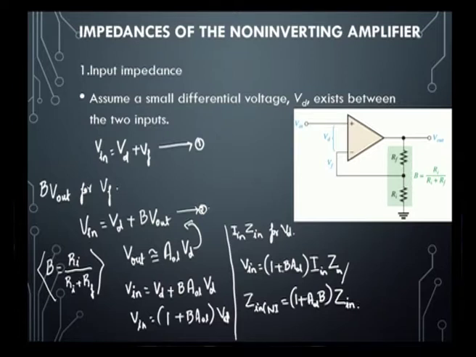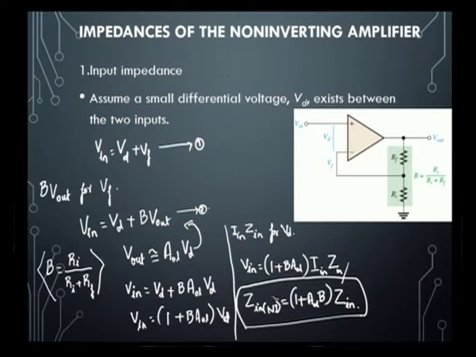So, V in by I in will give us Z in Ni. The left term that we are going to see here will be the non-inverting input impedance. So, this is the expression for the input impedance of a non-inverting amplifier.